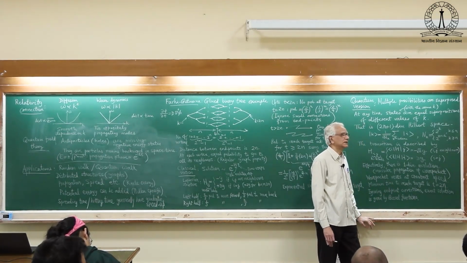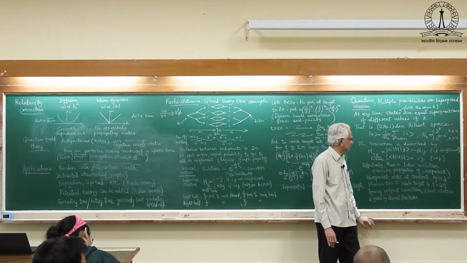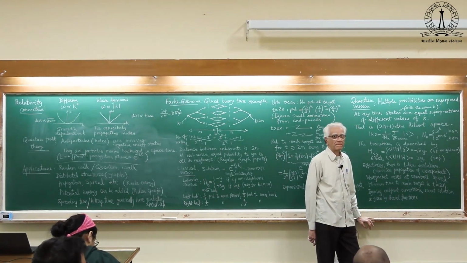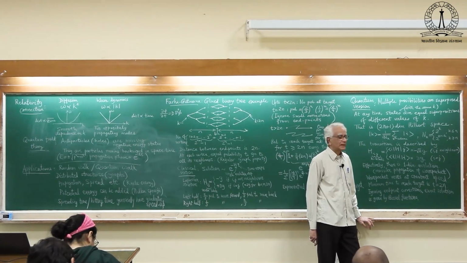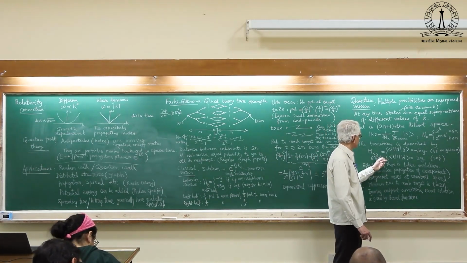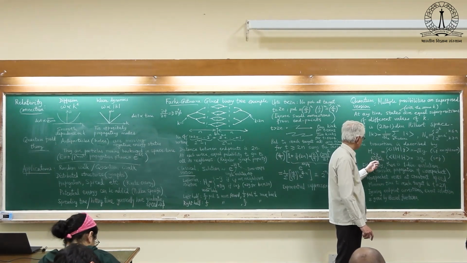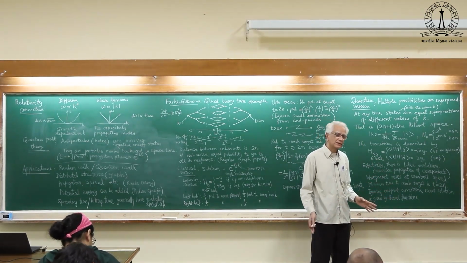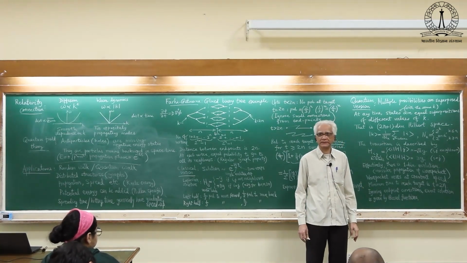And the easiest way to solve them is to Fourier transform the whole thing. So you have a matrix Hij where these labels are in position space. Go to momentum space.